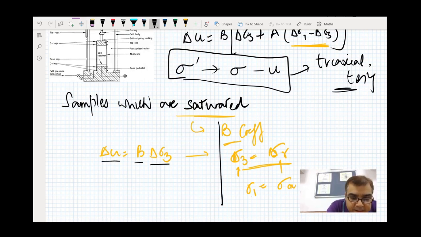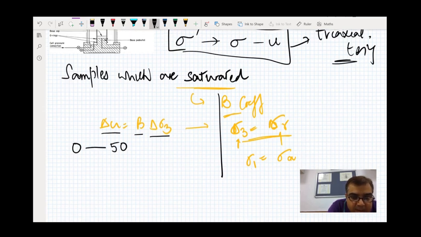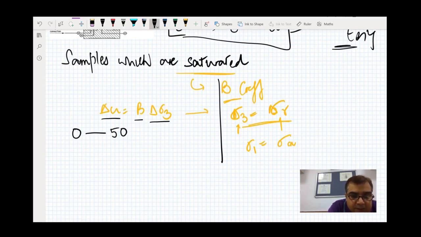So when I apply a certain amount of cell pressure, I started from a cell pressure of 0 and moved to a certain value. Now I'm going to throw in some numbers just to help. Increase this to a value of say 50 kPa. That's the example I would normally take because it helps in calculation. That's the change in sigma 3 or cell pressure.